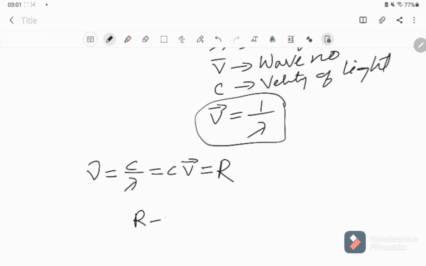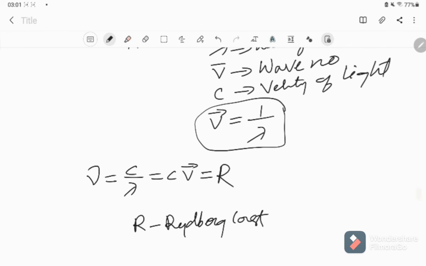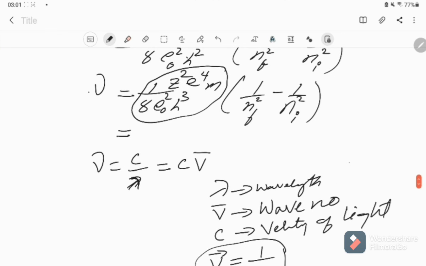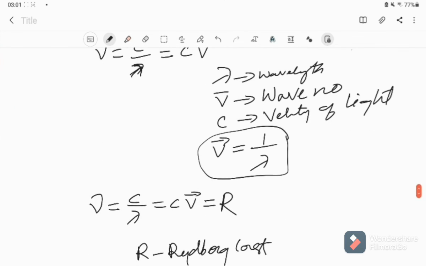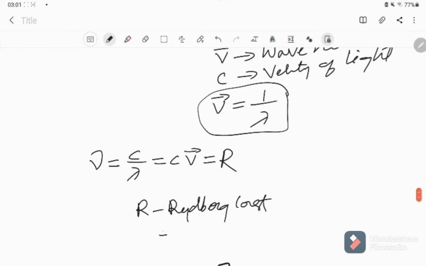R means the Rydberg constant. If you put in all the values of epsilon naught, h cubed, e, m, and so on, you will get R equal to 1.097 into 10 to the power 7 per meter.